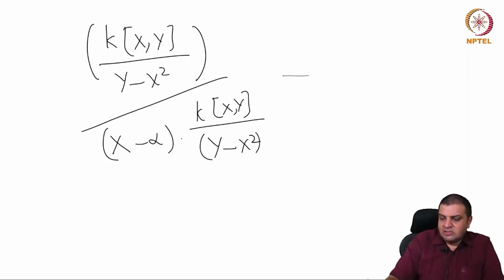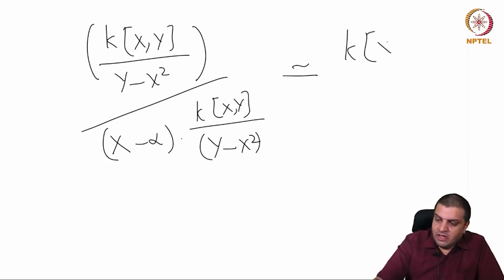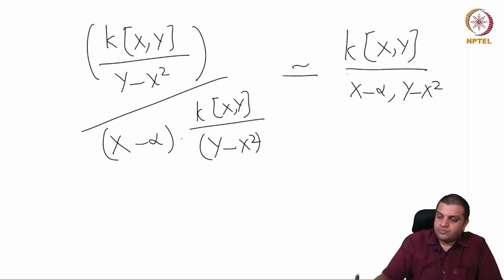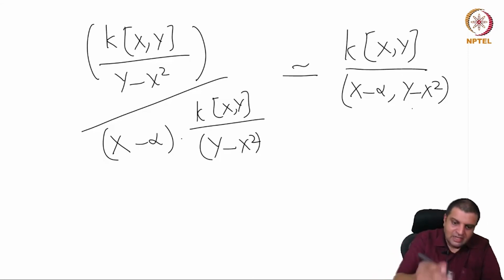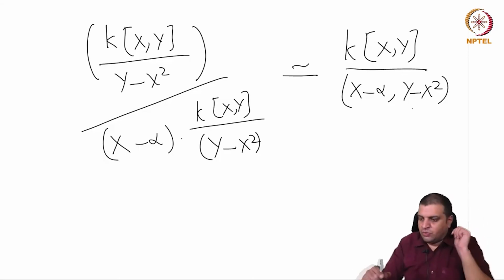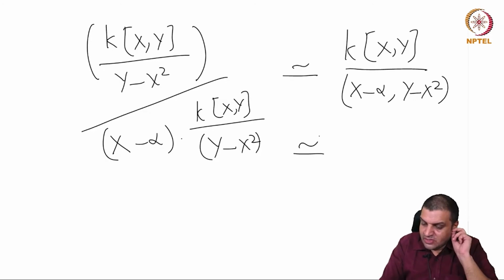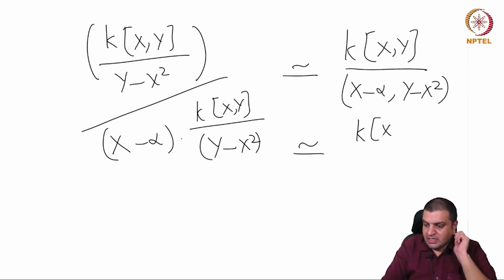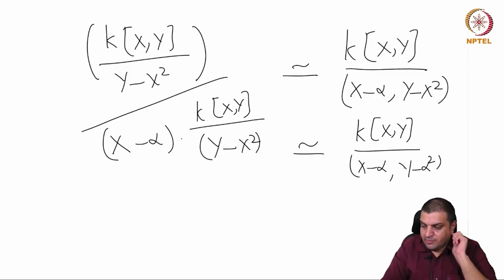It is easy to check that this is isomorphic to Kxy mod x minus alpha, y minus x squared. Just add this generator also in that list. That's all that we have to do. And again, it is not very difficult to check that this is the same thing as Kxy mod x minus alpha and y minus alpha squared.